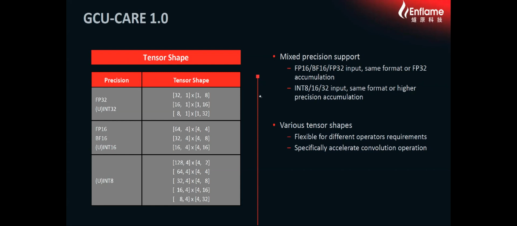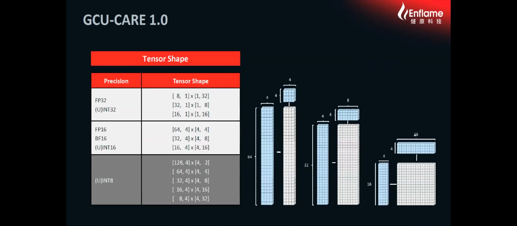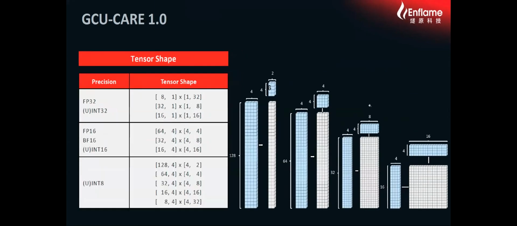So that's how we tackle CNN or matrix multiply within this AI ASIC core. We can compose them in different shapes, like in this way, a very tall matrix, or like in this way, a square matrix multiplication. These are some more examples of different shapes of matrix multiply instructions we support within a single cycle computation.